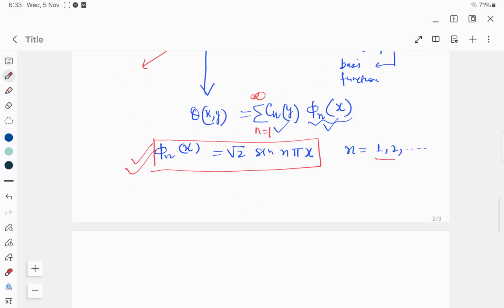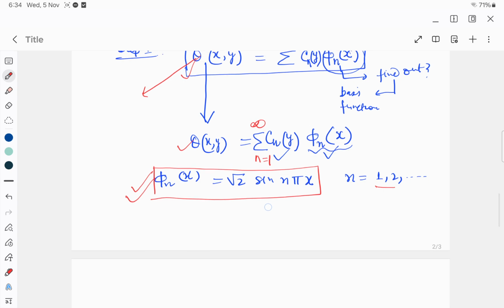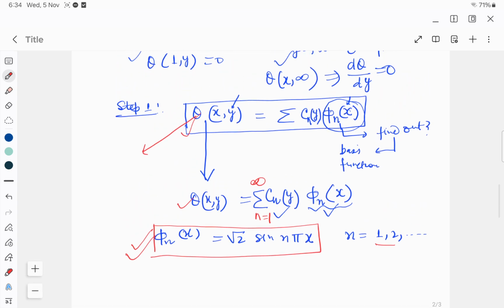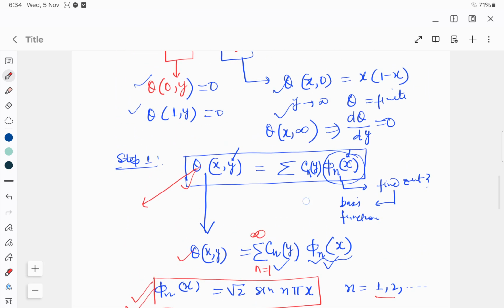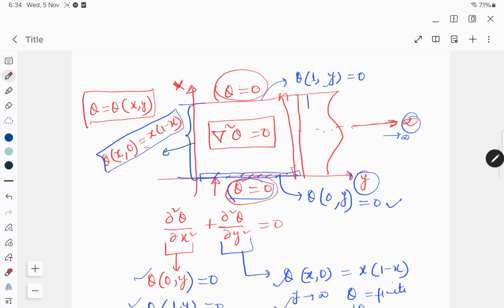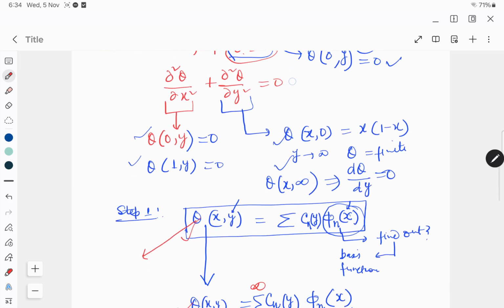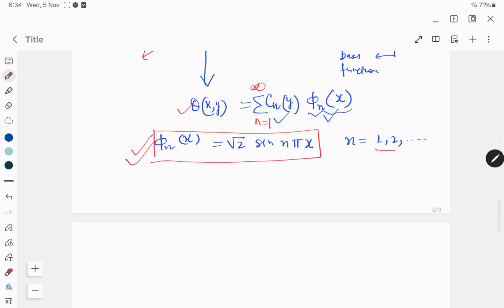So phi n x has values very similar to the theta values at the boundaries. If you take any value of x at the boundaries along this direction, x equal to 0, x equal to 1, you will find that this vanishes.